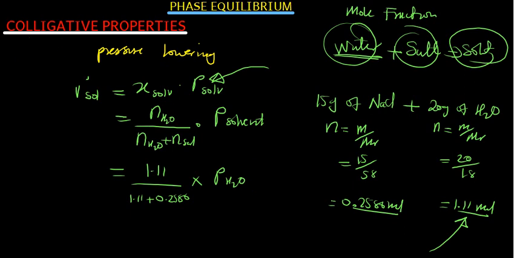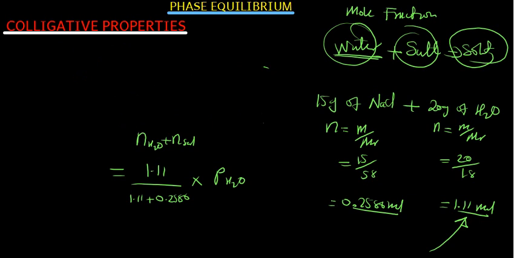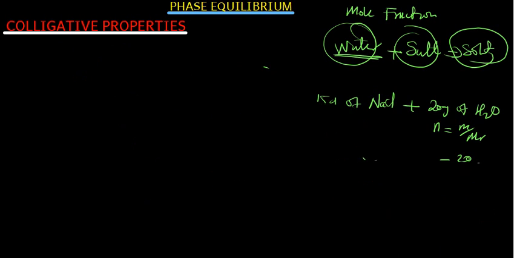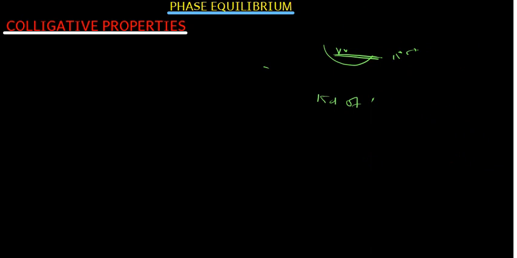Now let's look at the last colligative property. The last one we want to consider is osmotic pressure.